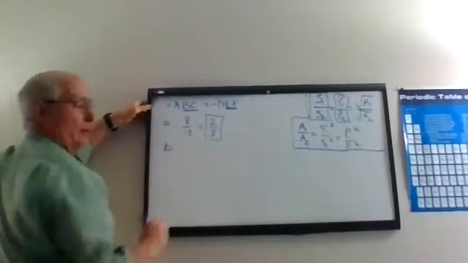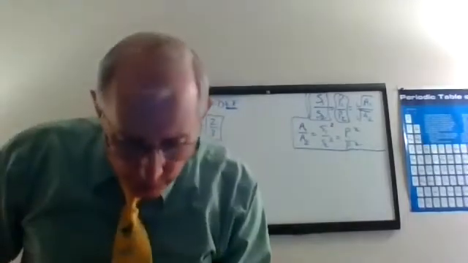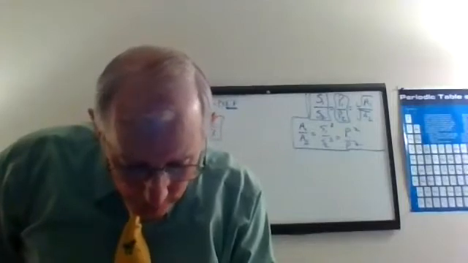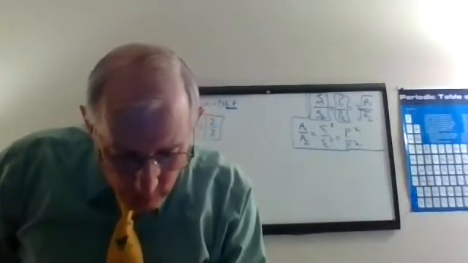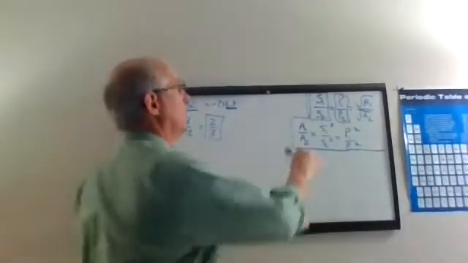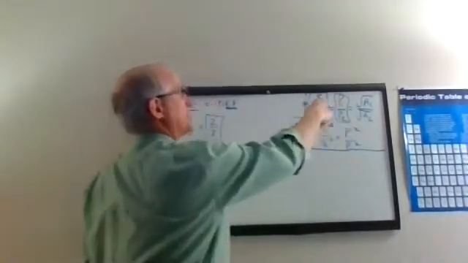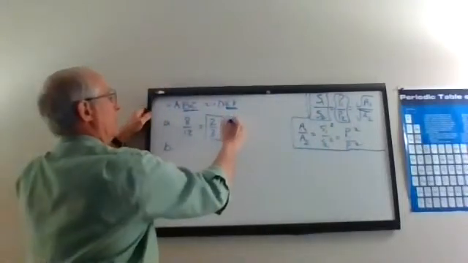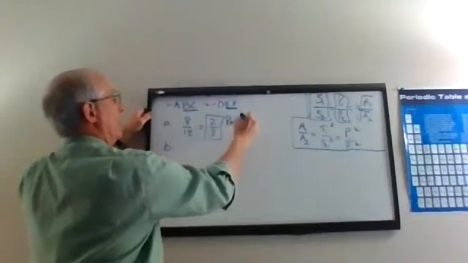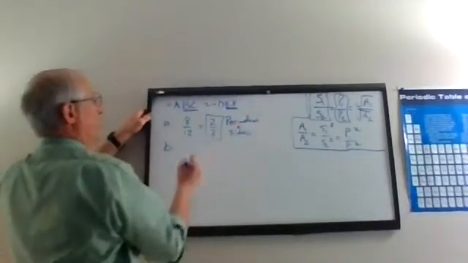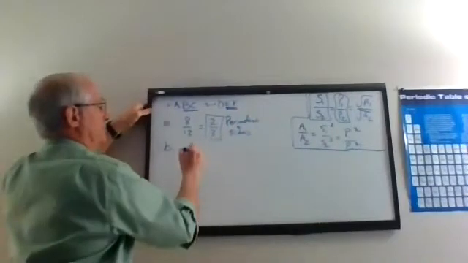Okay, and then B wants to know what is the ratio of the areas. Oh, they wanted the ratio of the perimeters. Okay, guess what? The ratio of the perimeters is the same as the ratio of the sides. Okay, that's the ratio of the perimeters or the sides. And then you just square it.